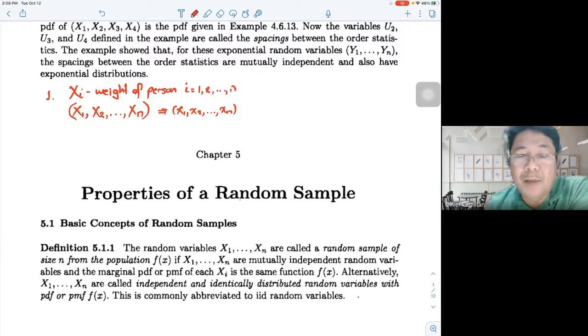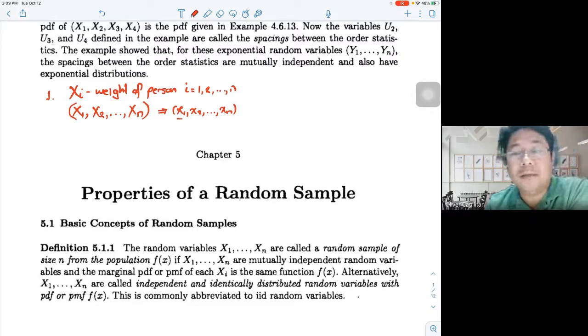So we obtain this multivariate data, and we can obtain these multivariate observations either in a sequential manner or in a simultaneous manner. When we say sequential manner, say we consider first the first person, x sub 1, and we determine the weight of that person, so we get its value, x sub 1.